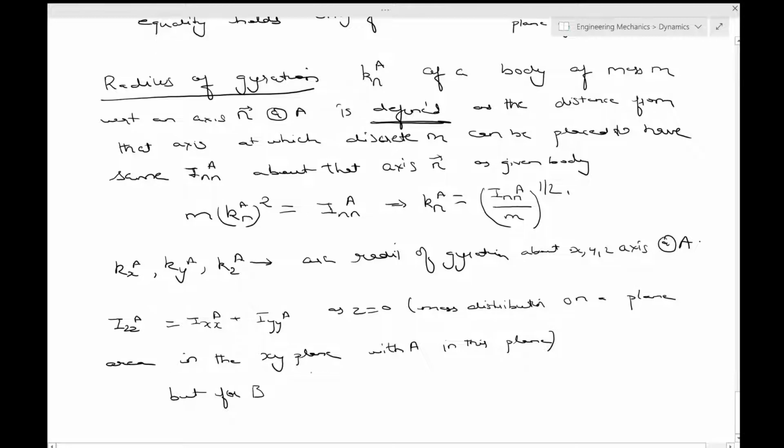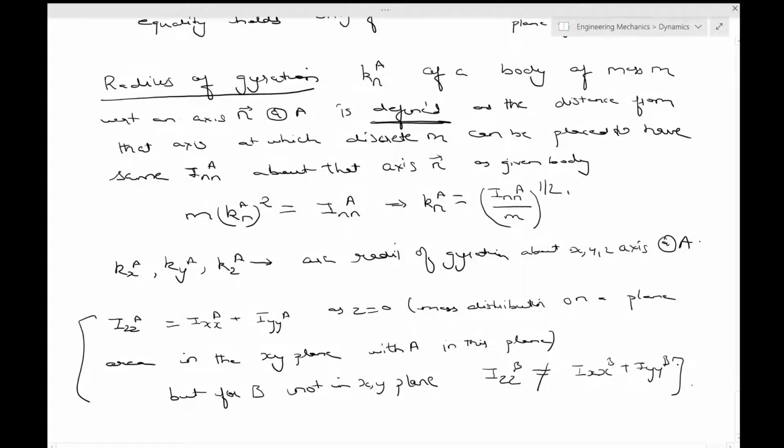So if you have, say, a point B not in xy plane, then Izz of B is not equal to this. So you have to really be careful about this. The point A about which these moments are calculated has to be in the plane.